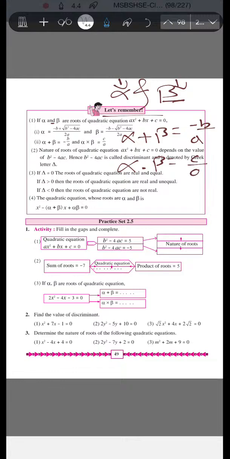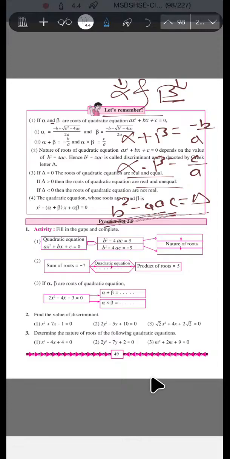to c upon a. Then b square minus 4ac we denote by this triangle, known as the discriminant. Now some more rules are given: if the discriminant b square minus 4ac is equal to 0, the roots are real and equal.